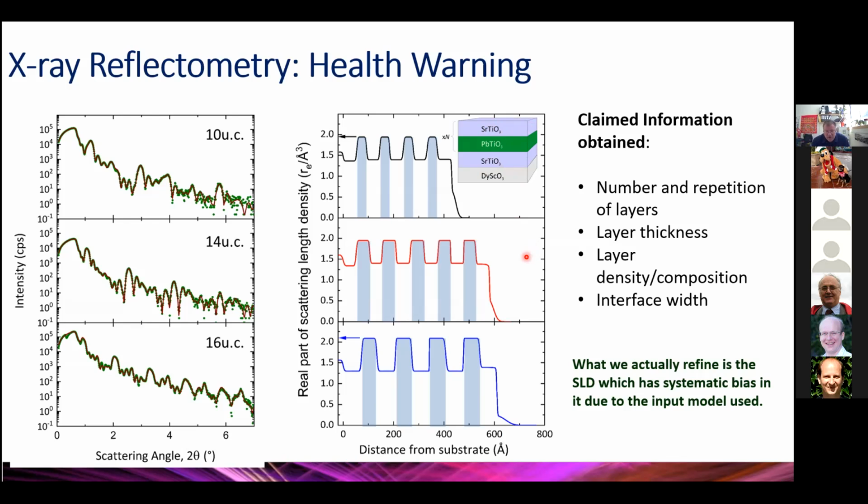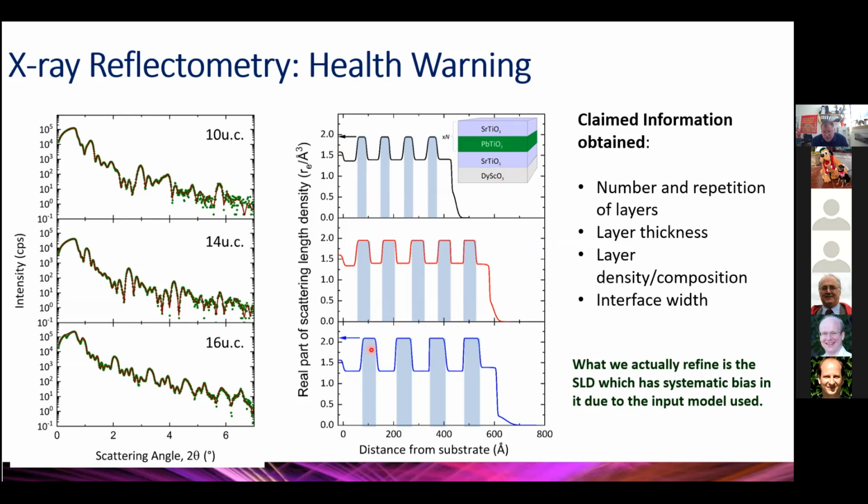Now, of course, in the SLD, one of the real problems is how we couple everything together. These shaded areas are the PTO lead titanate layers, and you can see that as a function of the lead titanate thickness, the density of this layer is apparently changing.